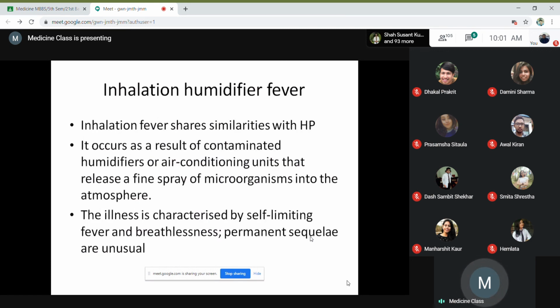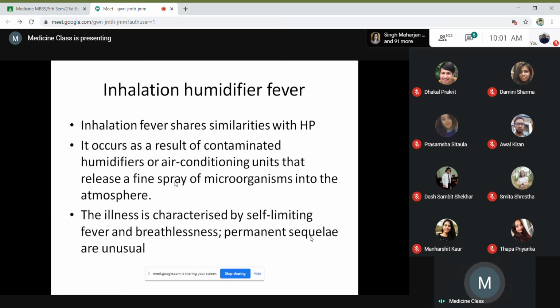Lastly, inhalation humidifier fever. It is similar to hypersensitivity pneumonitis, and it occurs as a result of a contaminated humidifier.